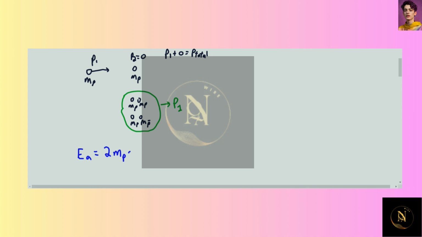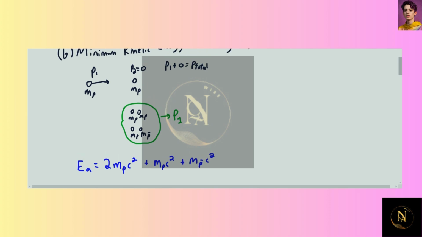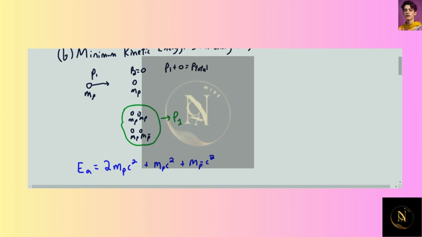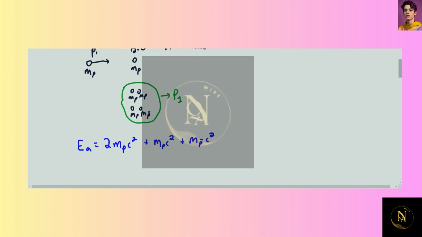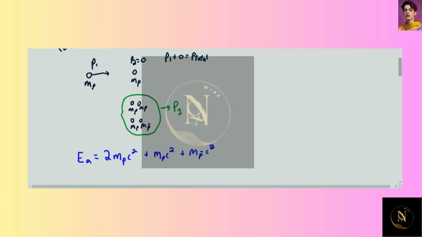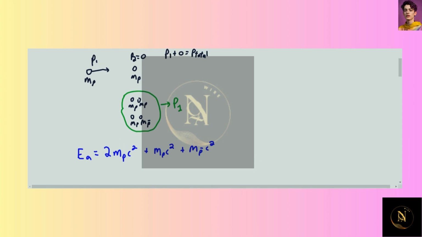So m_p c squared, the rest energies from before, plus the proton that's created plus the antiproton that's created. So with this term, I'm just accounting for these surviving particles.